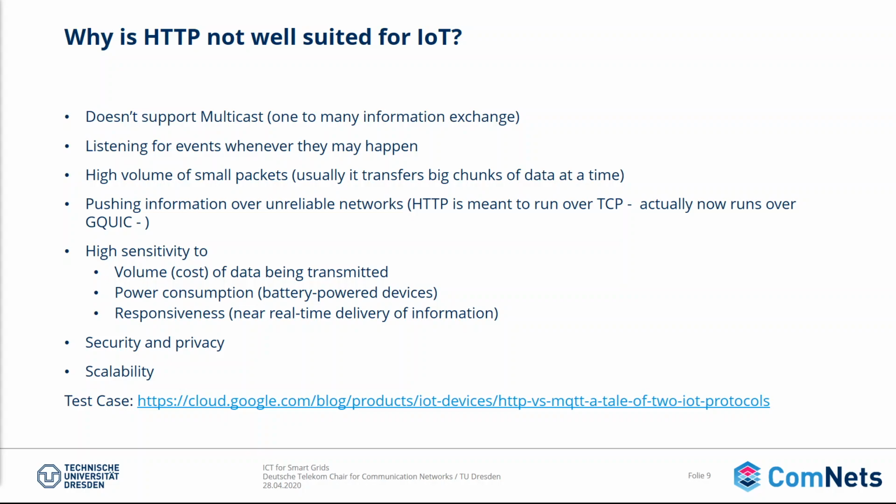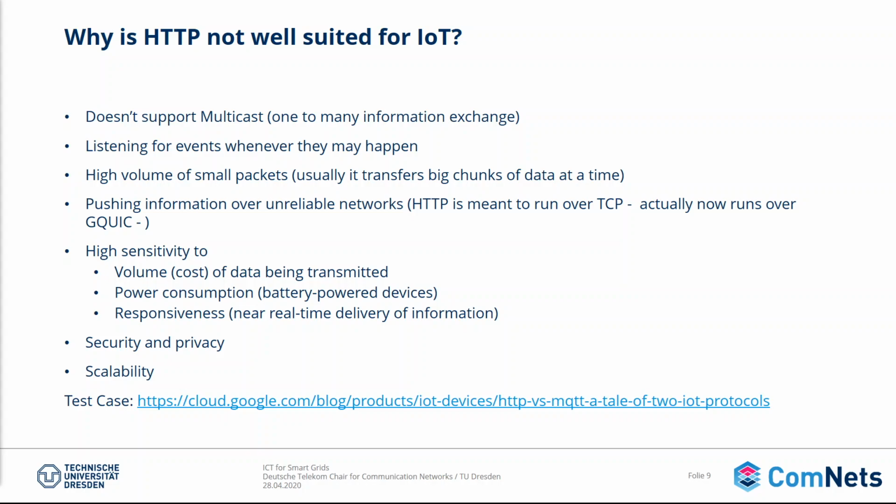So HTTP was made for unidirectional transfer, which means that either the client is sending something or the server is sending something. Both cannot send at the same time, which kind of limits the capability of IoT.